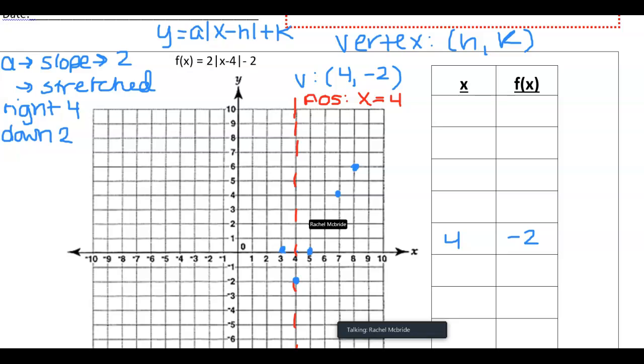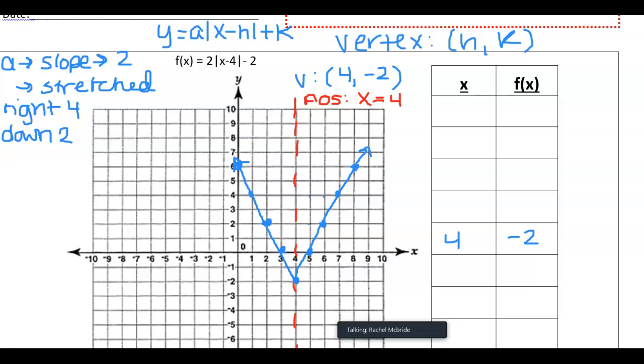If this point is 2 units to the right, then it's also 2 units to the left across the red line. This one is 3 to the right, so it's 3 to the left, 4 to the right, 4 to the left. And then we simply draw in our 2 lines, because an absolute value function is really just a piecewise function split at its vertex with opposite slopes.